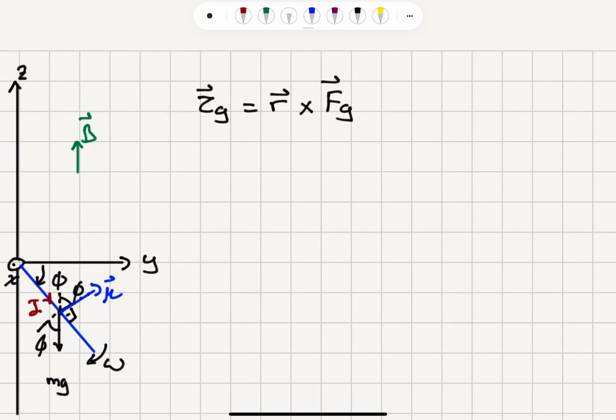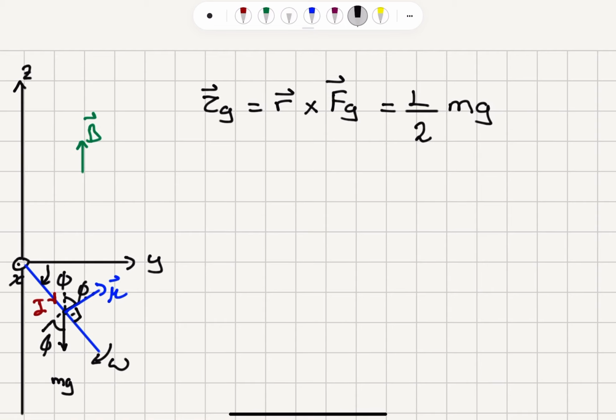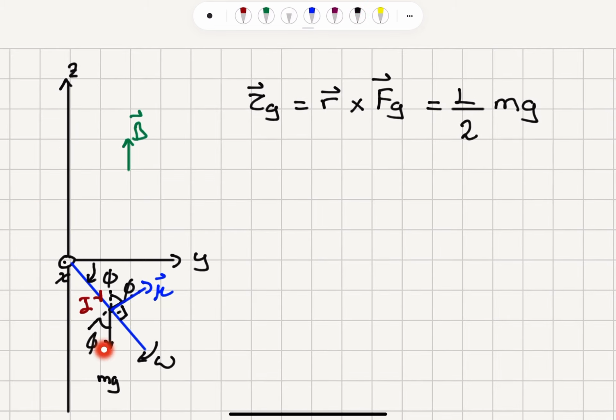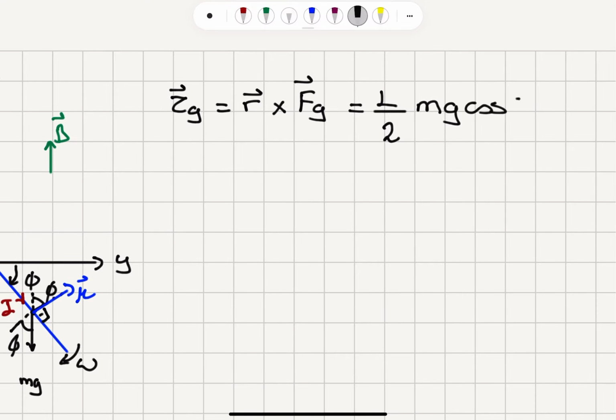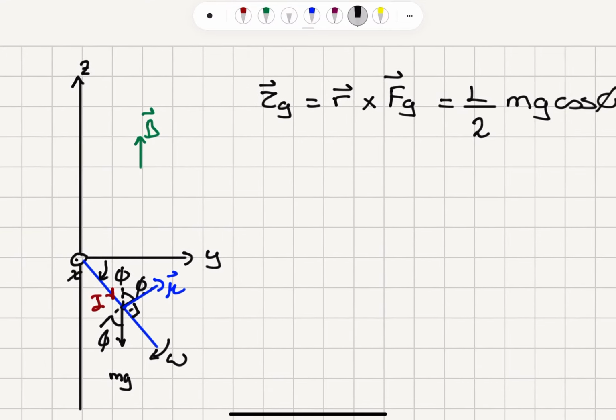And so we will have L over 2. The gravitational force is mg, but we need to consider the perpendicular component with respect to this r vector, which is mg cosine phi. So mg cosine phi.